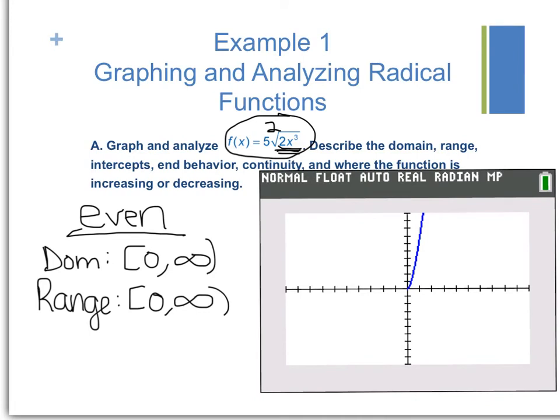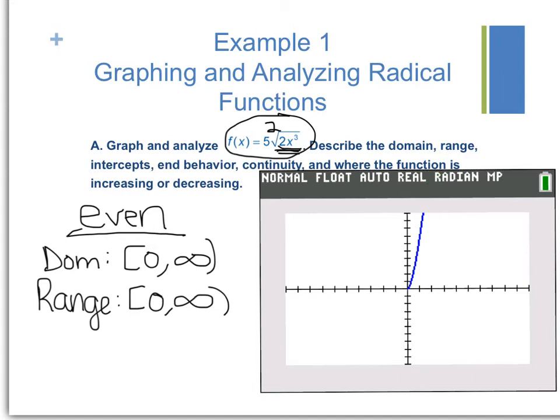And you can see that the graph starts right at the origin here. Okay, we have our starting point at 0, 0, which means that our domain, if we look at the graph, goes from 0 to infinity. The graph starts at 0, 0 and moves to the right infinitely. And our range, the y value starts at 0, our minimum y value is at 0, and then our graph goes up infinitely.